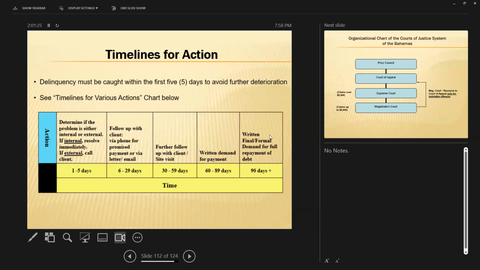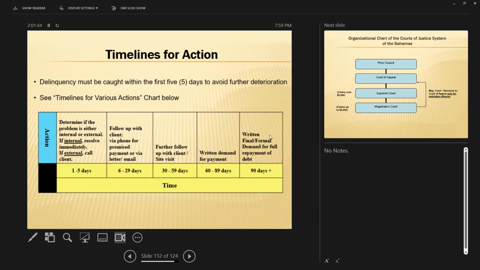Now, if you're annually reviewing a customer's account, it's a different kind of site visit, because you're just going to the site and seeing how the company is performing. But this is site visits for collections, so you have to be careful.